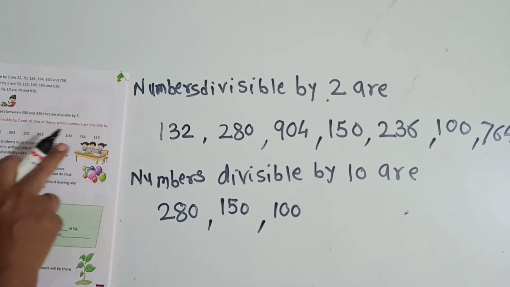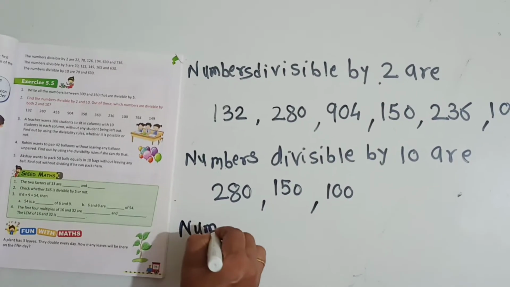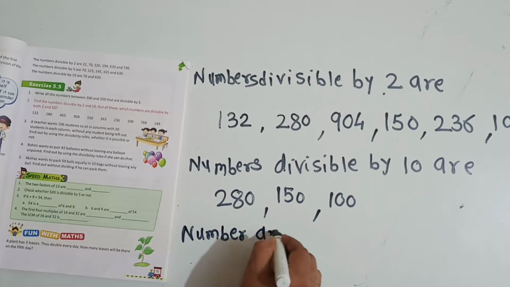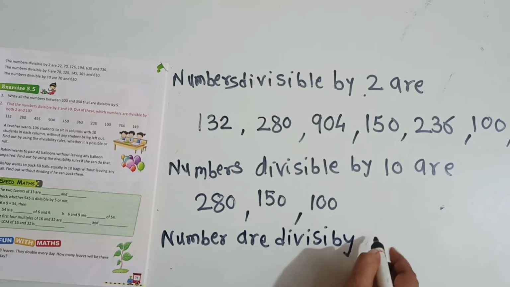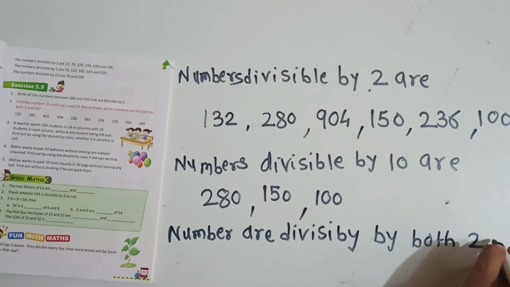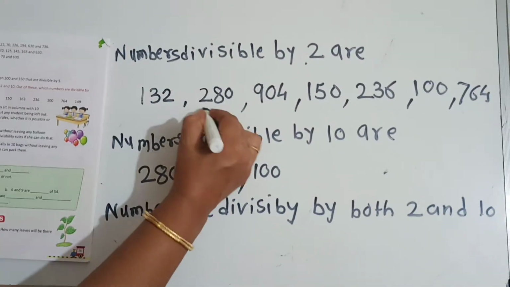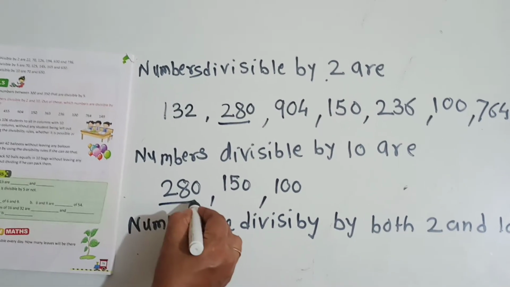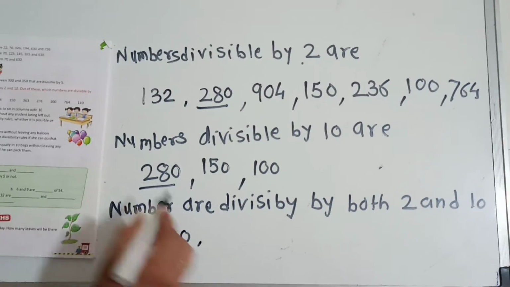Now children, we have to write numbers that are divisible by both 2 and 10. Now see here, this 280 is divisible by 2 and 10.